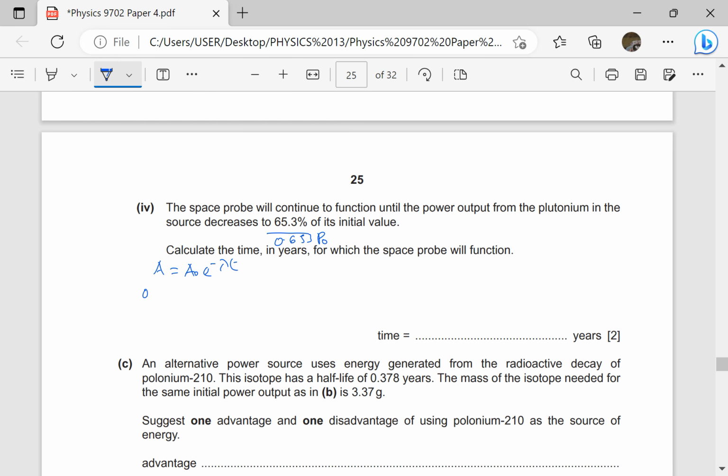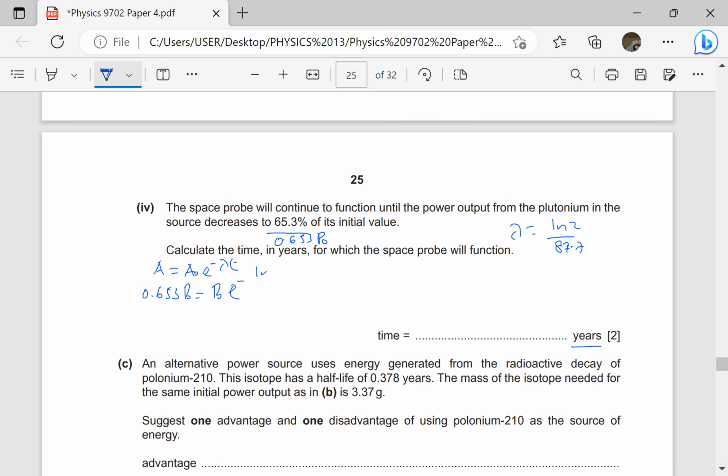So I will say 0.653 P naught is equal to P naught e power negative the decay constant. They want the answer in years, so I will just mention the decay constant as ln of 2 over half-life, which is 87.7 in years.